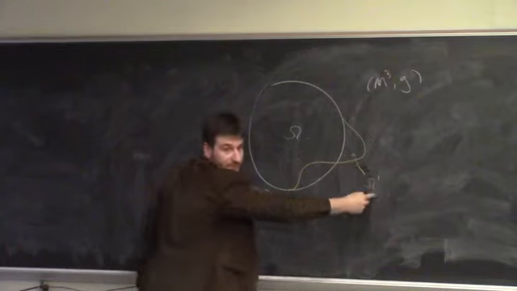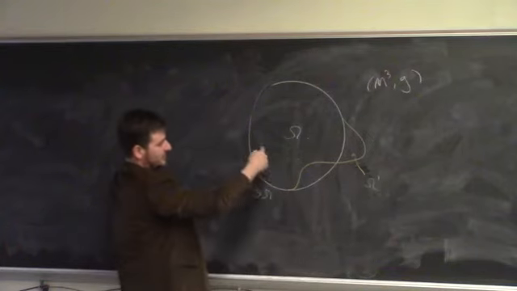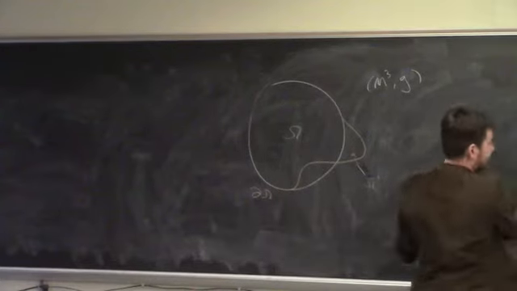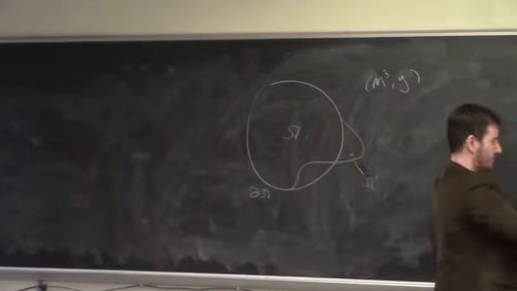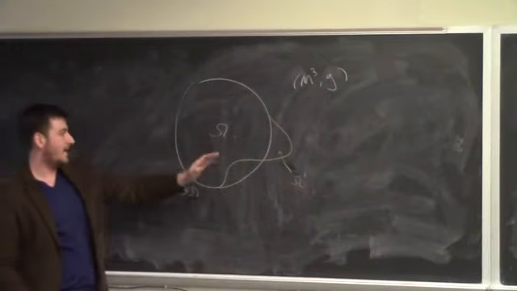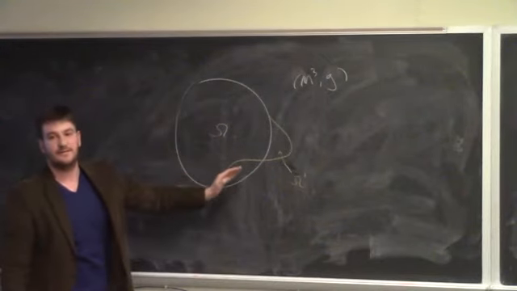If I have some other region, and I've somehow changed omega, the change could even be completely, I delete this and draw a new region over here. If I do any change which preserves the enclosed volume, then I must increase the surface area.